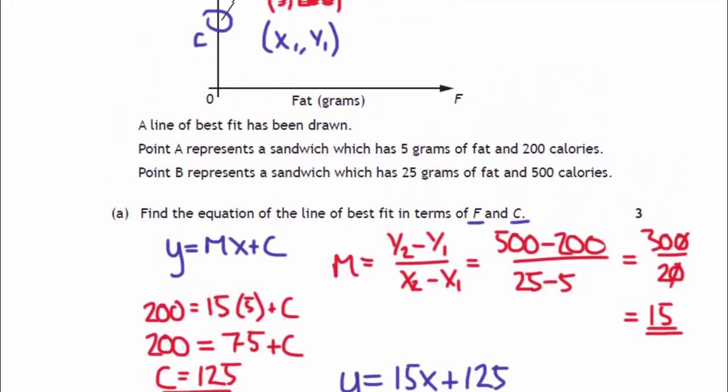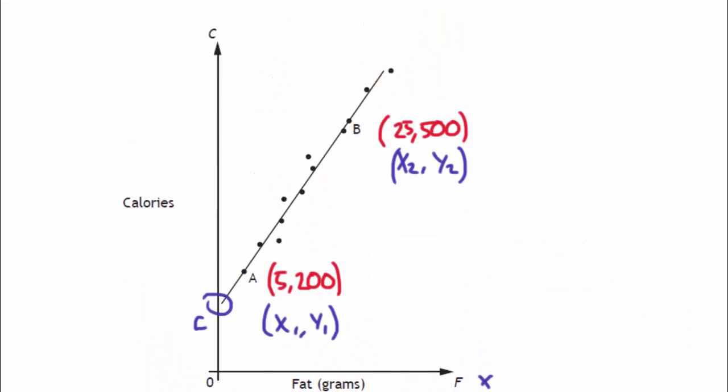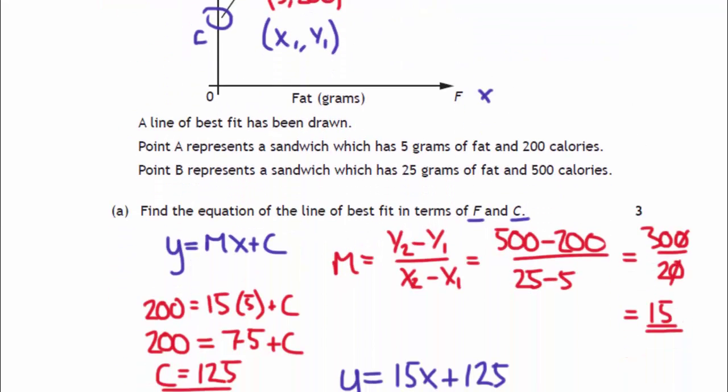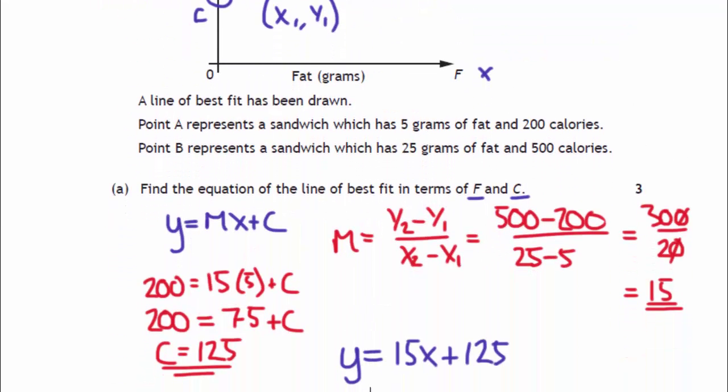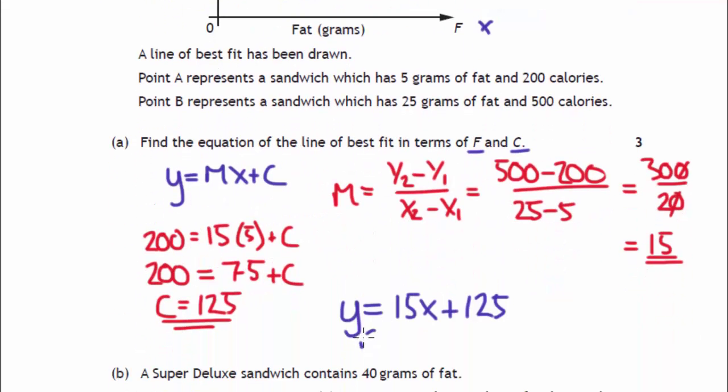Okay, so what we need to do, so this is essentially your x and this is your y, so we basically substitute these two into the equation. So what we've got is c equals 15f plus 125.